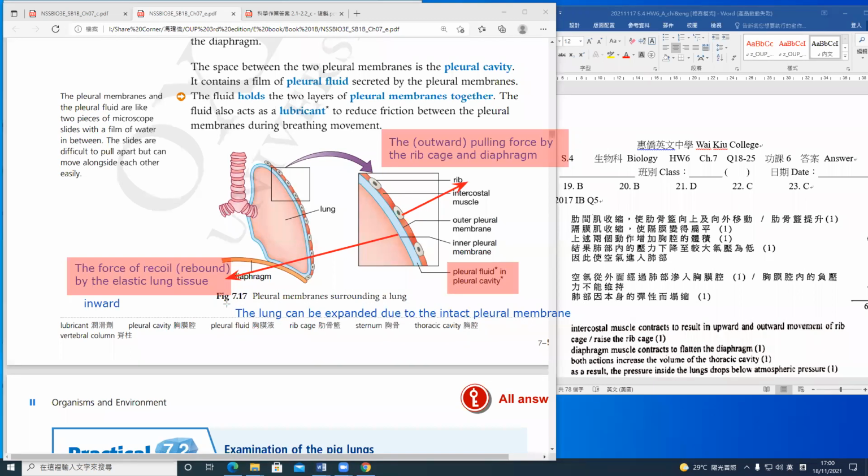Due to this intact pleural membrane, when you have the pulling force pointing outward, the lung can still be enlarged, like pulled out. Therefore you understand this situation when your pleural membrane is broken.